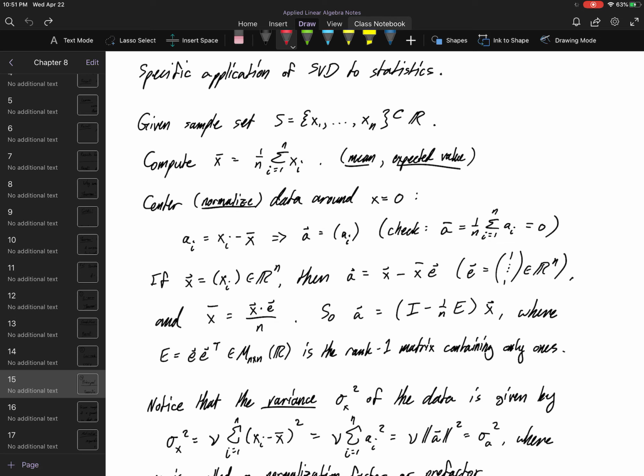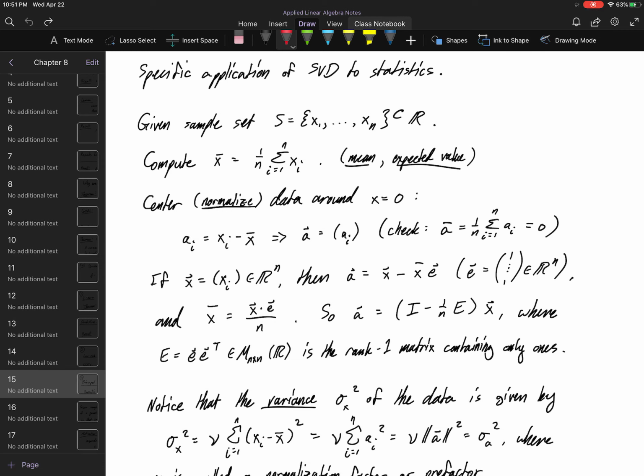But we would not only like to know what that mean is, we'd also like to make sure that it is standardized. Much like we do with a bell curve, our normal distributions, we tend to shift them over to the origin.